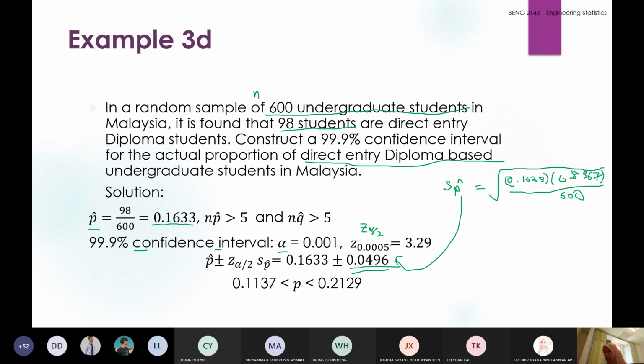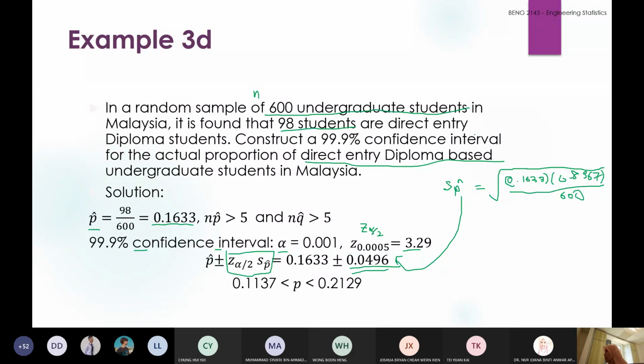P is 0.1633, multiply with this, then divide by 600, and then you take the square root. Then you multiply with 3.29, because it must become together with 2. So you get the maximum error.